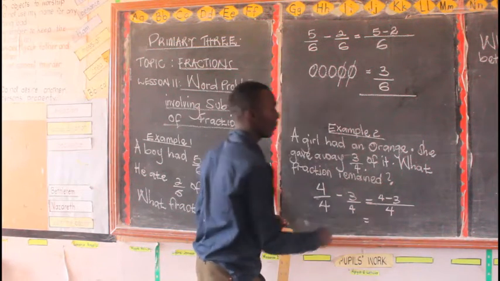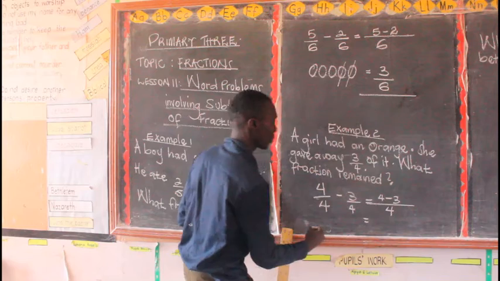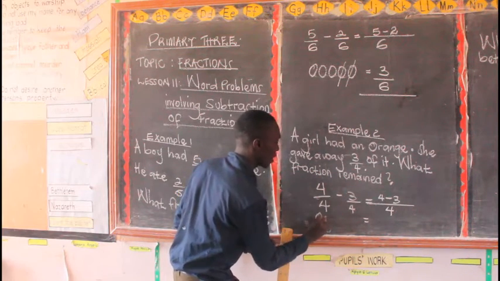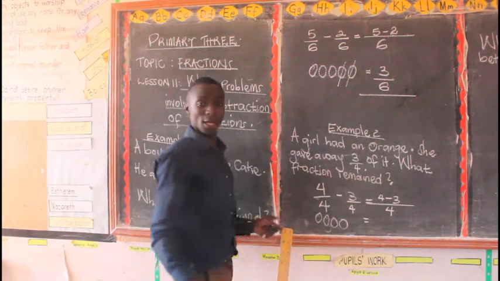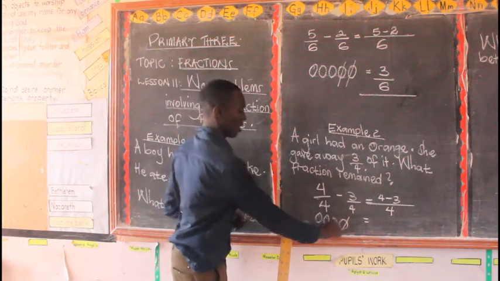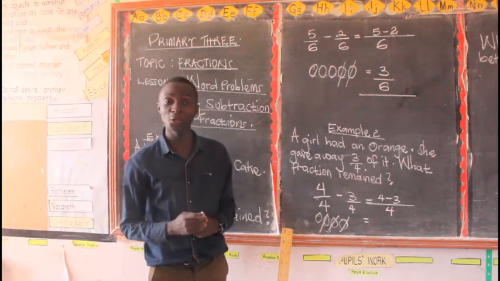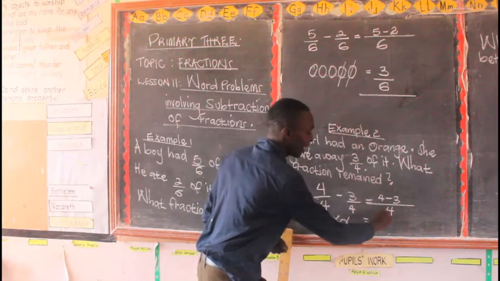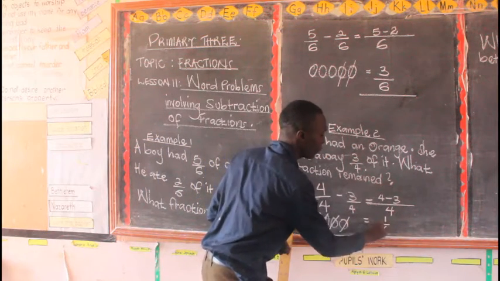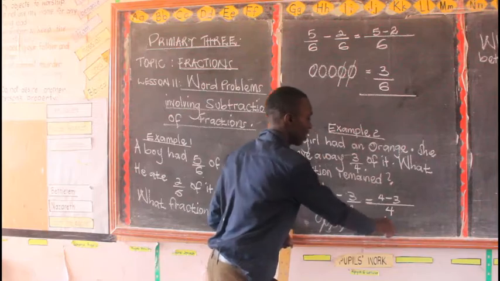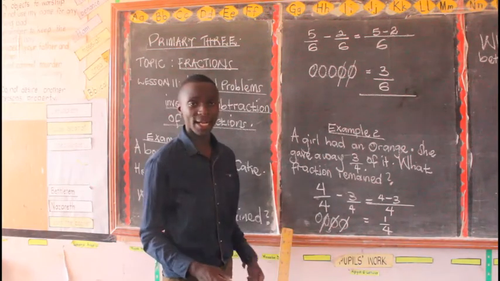What do you get? Subtract properly. 1, 2, 3, 4, minus 3, 1, 2, 3. What do you remain with, my good children? You remain with only 1 out of your common denominator, 4. This becomes your answer.